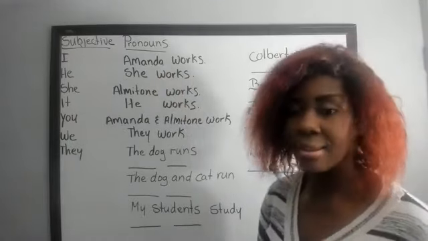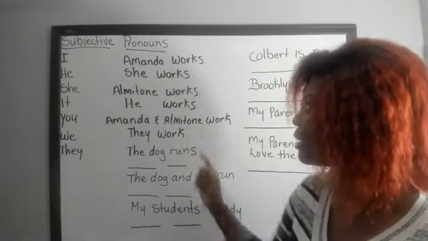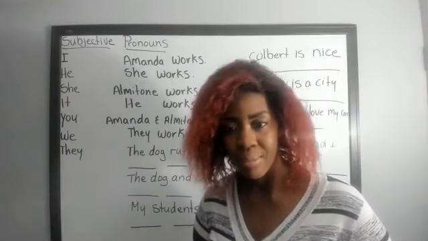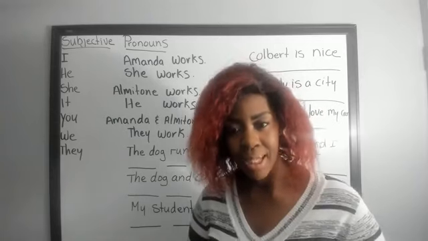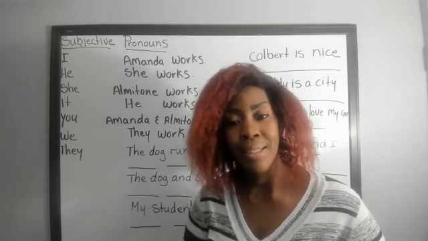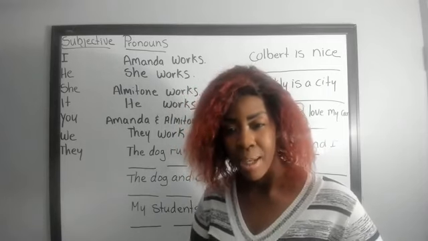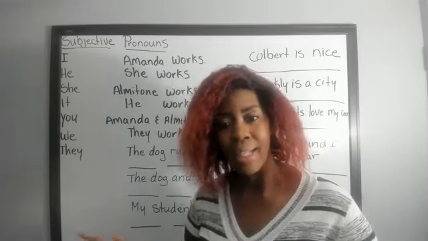Amanda works. If I say Amanda works, Amanda is a woman. So keep in mind, third person singular, you need to add an S with the verb. How do I know when to add an S?